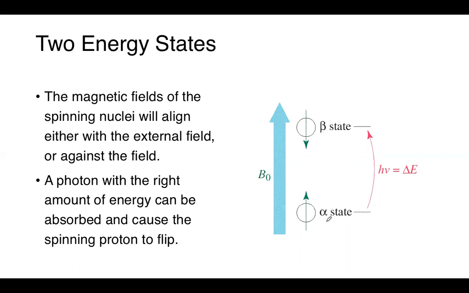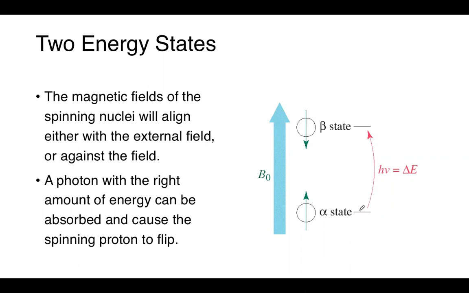So this is where our external energy comes from. This is where our electromagnetic radiation comes in. The electromagnetic radiation that we'll use in most instances of modern NMR is radio frequency. So if it has the right energy, which corresponds to this energy gap, which I talked about before being analogous to the UV-vis and the FTIR, the only difference being that now we're looking at the nuclei rather than the electrons.